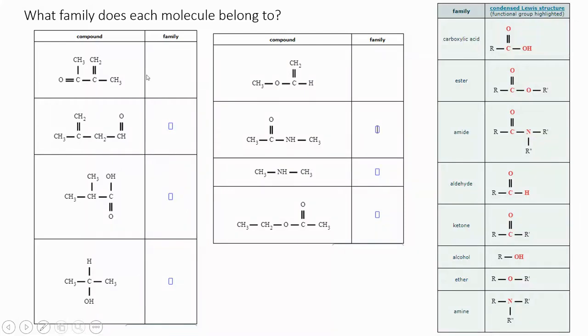Here we go. So what's special about this molecule? What do we have? What's different? What kind of group would this be? Okay, the top one says we have carbon double bonded to oxygen. That's true.